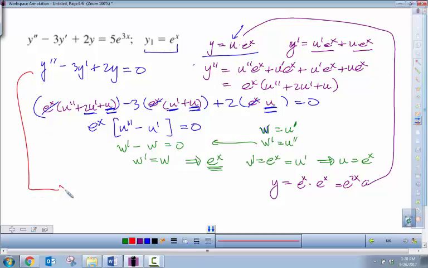So a general solution for the homogeneous differential equation is going to be given by y equals c1 e to the x plus c2 e to the 2x.